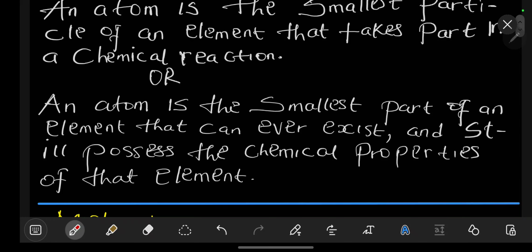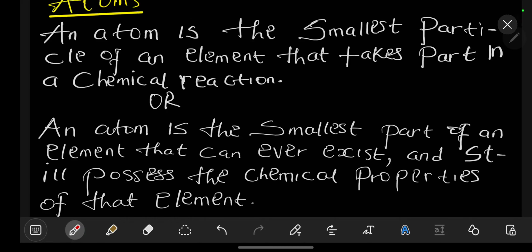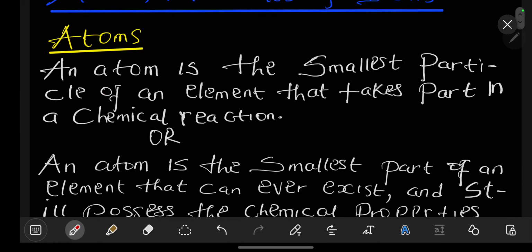Now, the other definition for an atom is that an atom is the smallest part of an element that can ever exist, and still possess the chemical properties of that element. Most people will find the first one easier, which personally I also find easier.